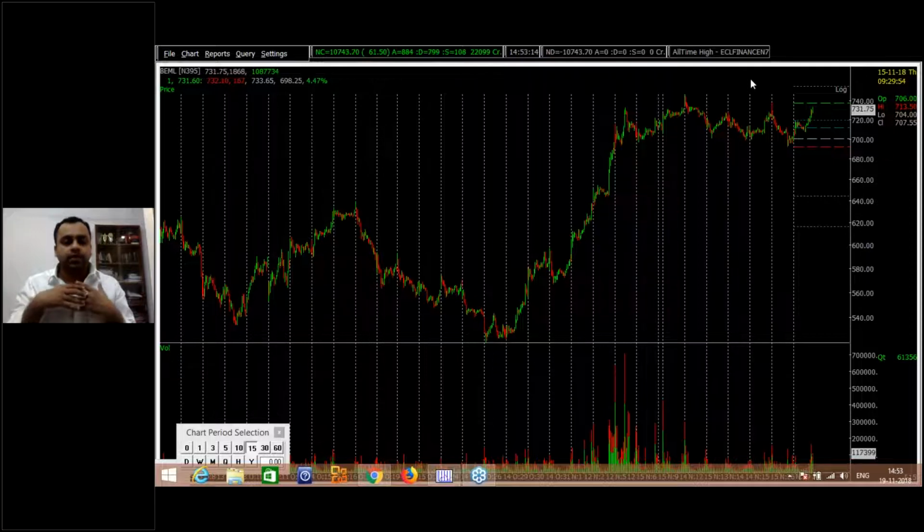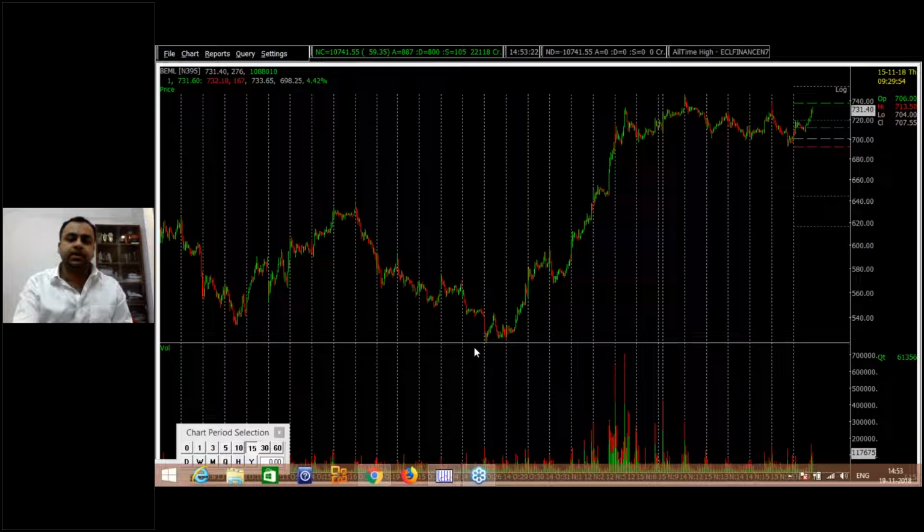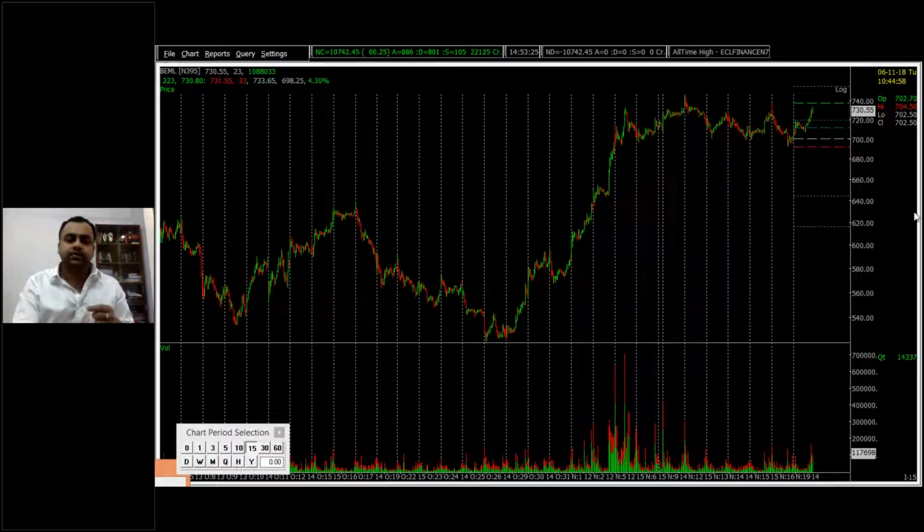So the only part about intraday is that this part of the move falls in intraday. So in this long uptrend, each of these vertical lines which you see are lines defining each day from the other.